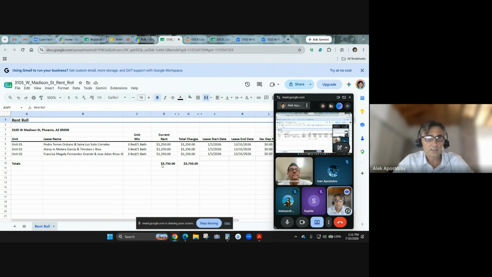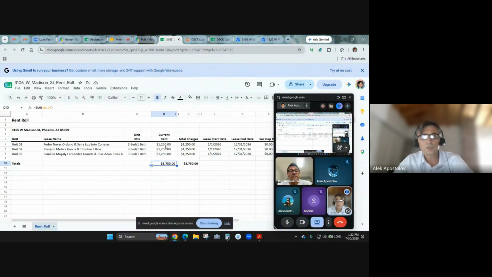As we can see, this property is generating $3,750 in monthly income. There are 3 units, each unit is 3 beds, 1 bath, and each unit is generating $1,250. For people that live in the Phoenix area, we know that this is a little bit on the lower end, but we also need to factor in the location, the condition of the property, etc.